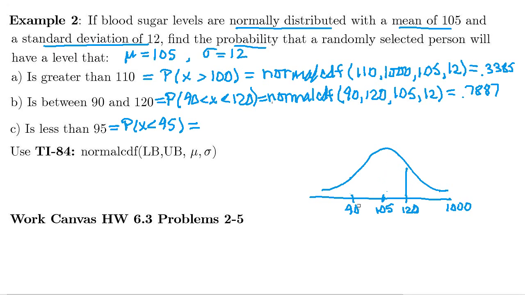Let's say that this value instead of 90 was 95. So less than 95 to the left. So for our left cutoff, we're going to use some big negative number like negative 1,000. So normal CDF.